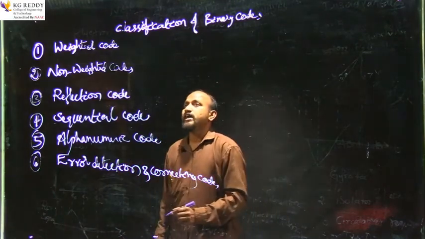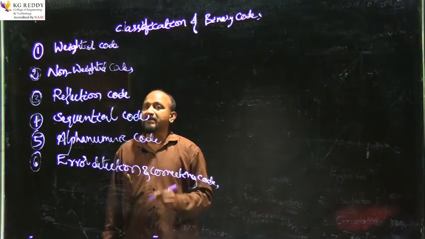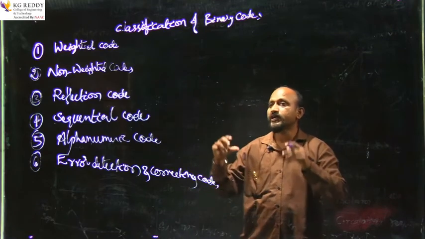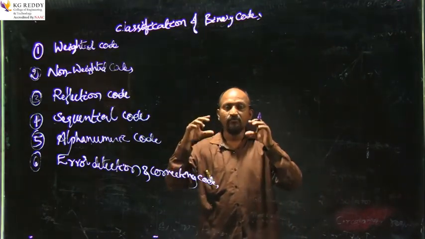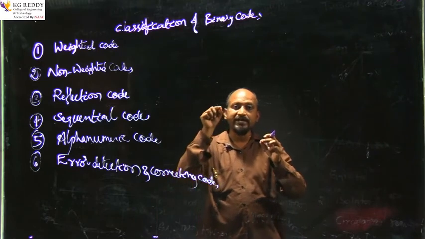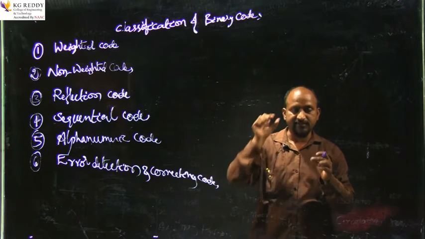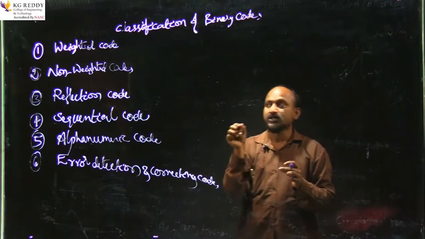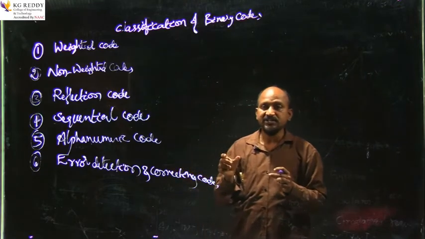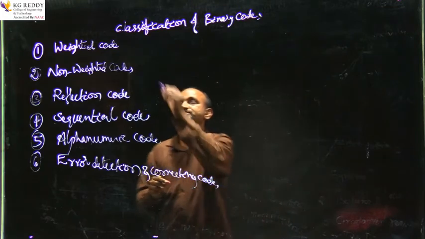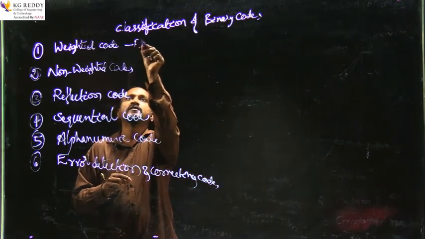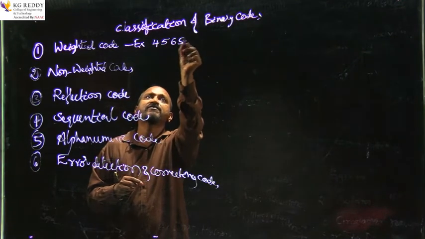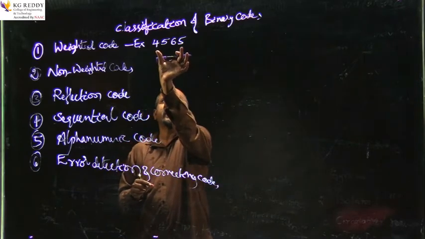First one is weighted codes. The name itself has the meaning. In a weighted code, each digit position has its own specific weight. Such types of codes come under weighted codes. For example, take 4565, a decimal number.